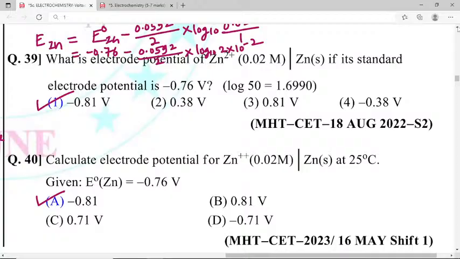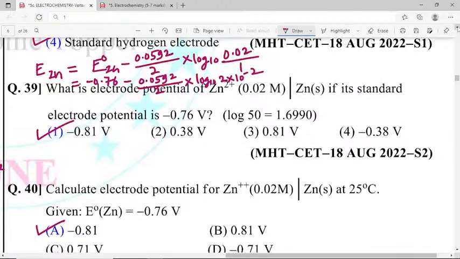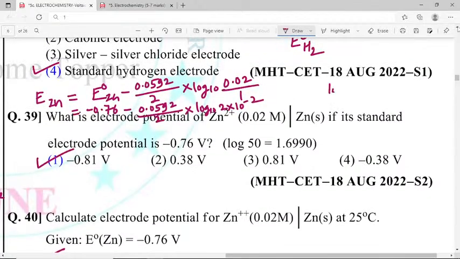Solve the log, this log is very easy. Pay attention here, see how to solve the log. Suppose the log is log of 2 multiplied by 10 to power minus 2. So minus becomes plus, and there will be log 2. So this is 2 minus log 2. What is log 2? 0.3010.